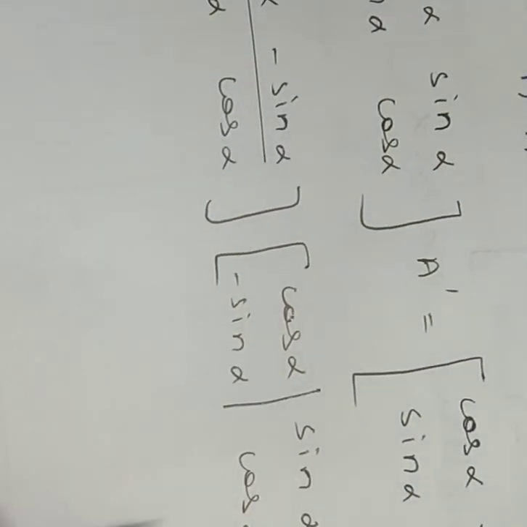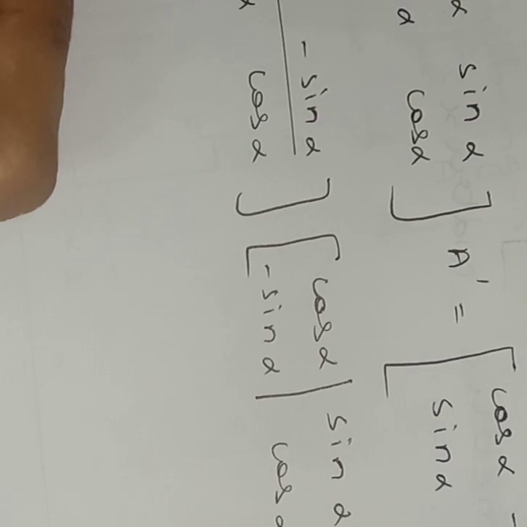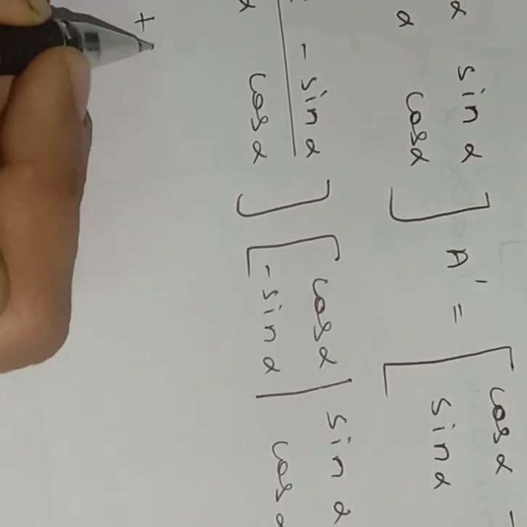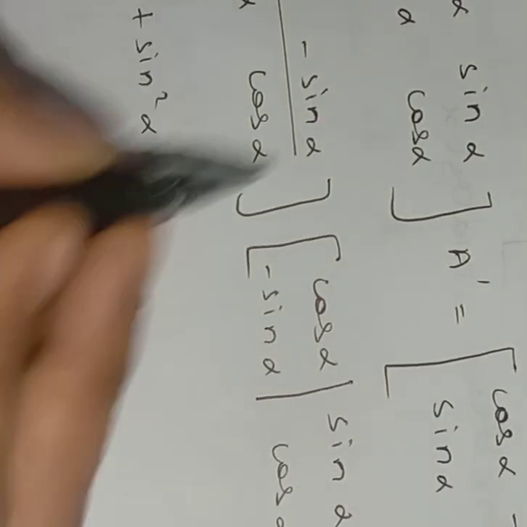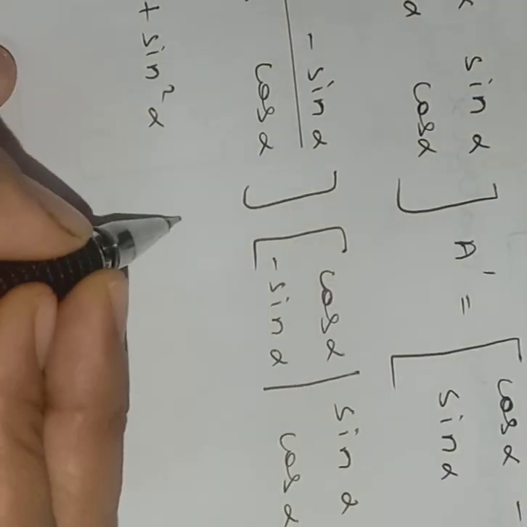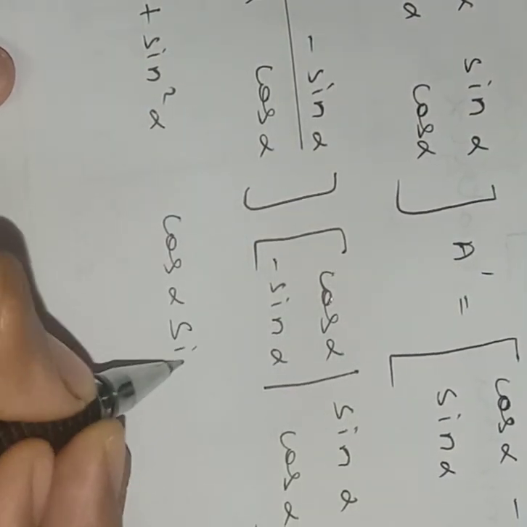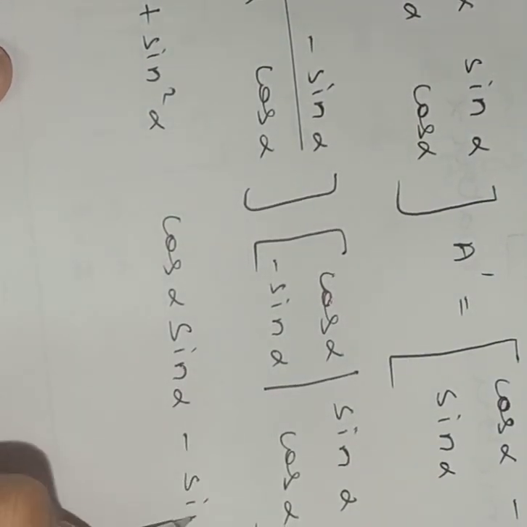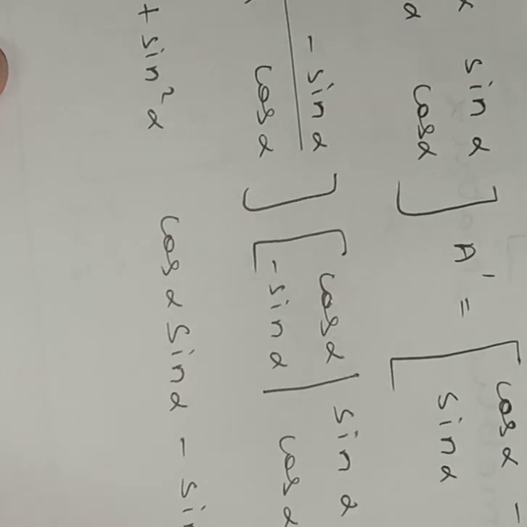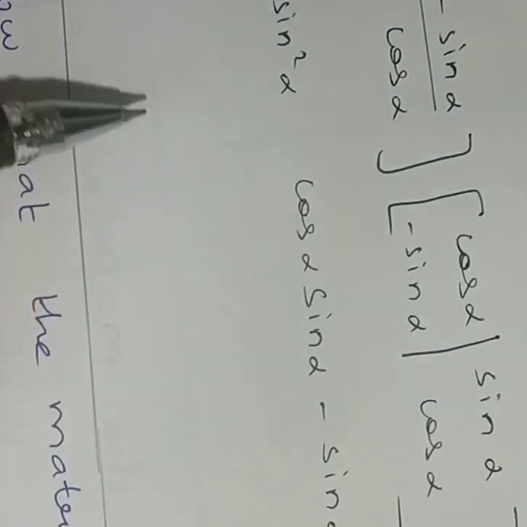So first row, first column, which becomes cos square alpha plus sin square alpha. Next first row, second column, cos alpha sin alpha minus sin alpha cos alpha. Okay, next second row, first column, right?